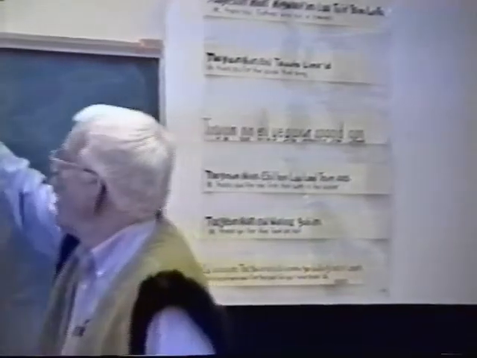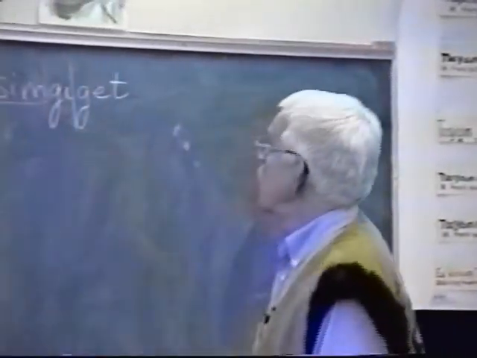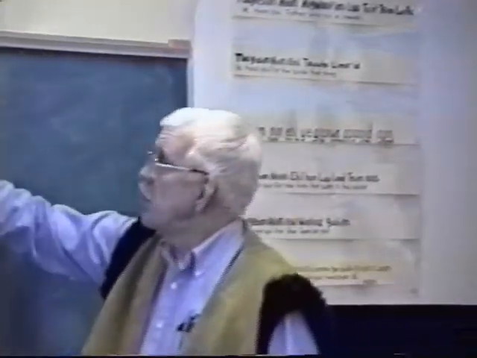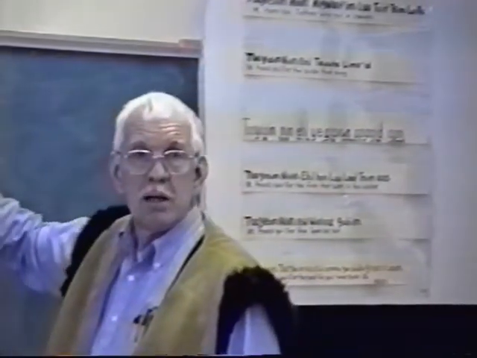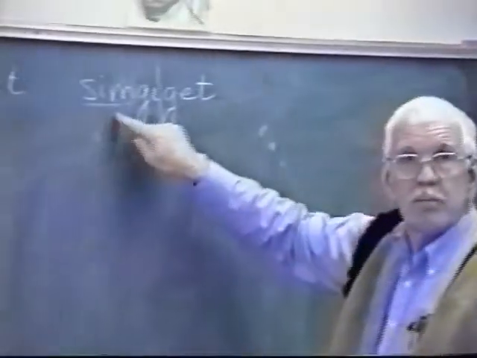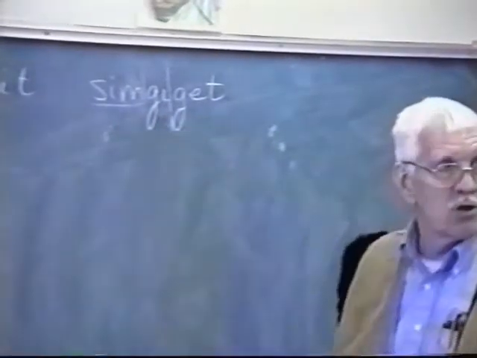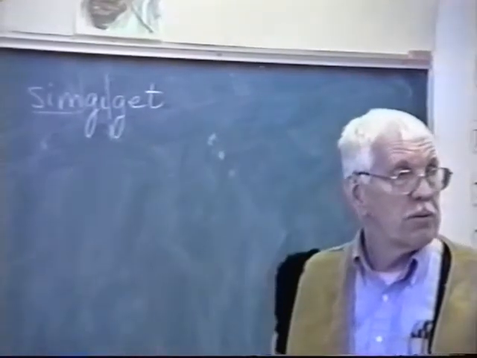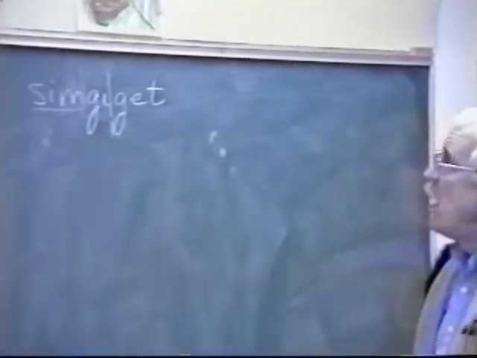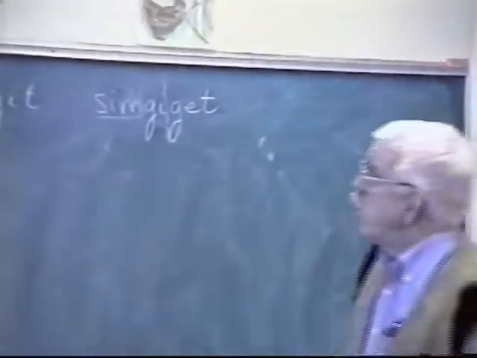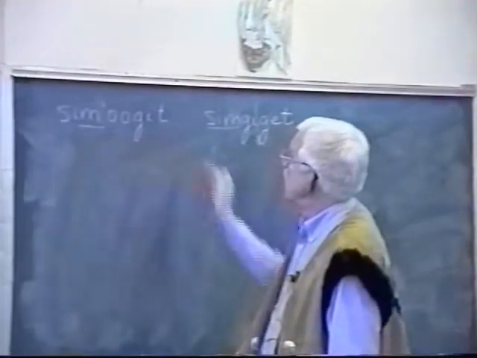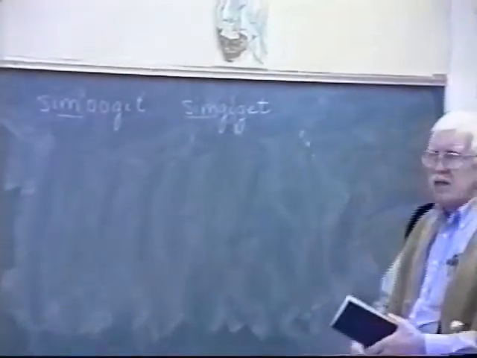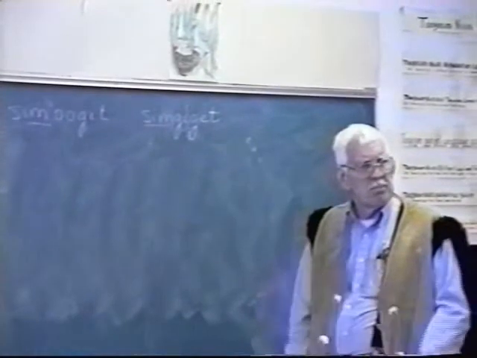In simgigyat, gyat we know as the word for people, and the gi is a plural right here, so the literal translation of chief, simgigyat, would be the real people or the true people. But when we look at Simagit, what is Agit? What's the Agit part of it?